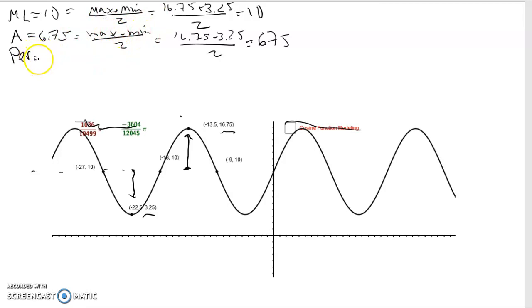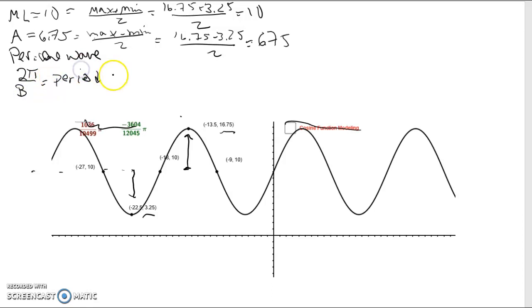Our period, we know, is the time it takes to do one wave. From what we talked about before, 2 pi divided by b equals our period.